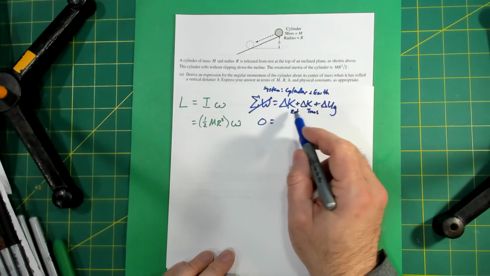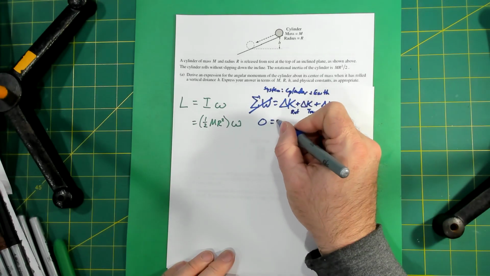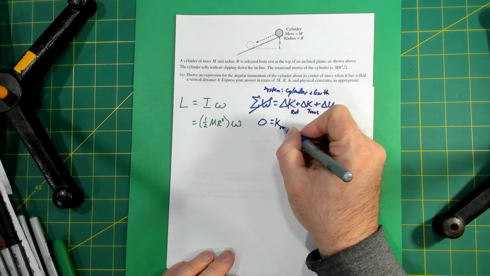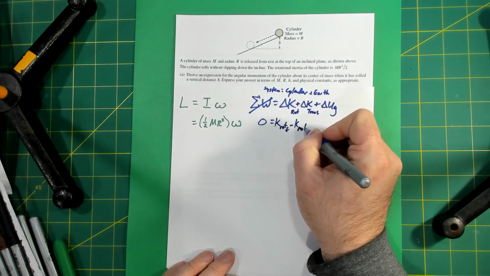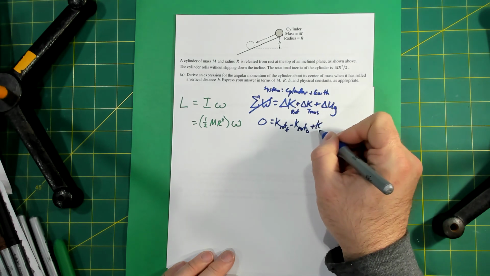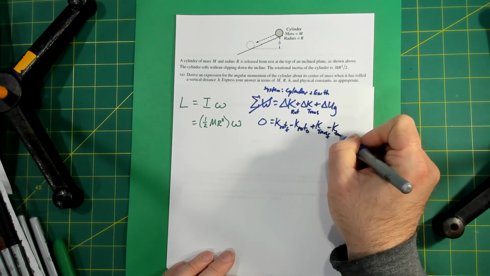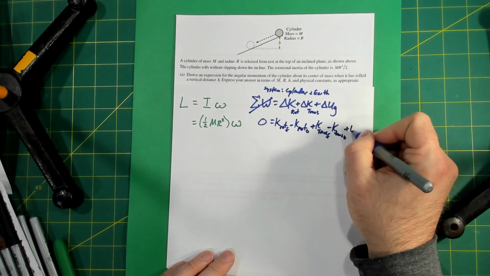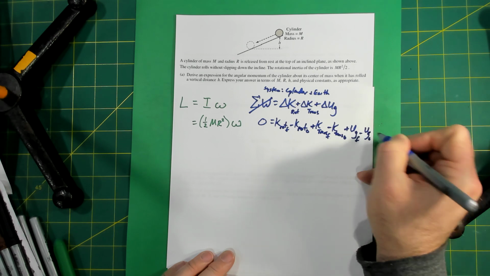Okay, let's expand out our deltas and see if any of the terms are going to drop out. So I'm going to have a K rotational final minus a K rotational initial plus a K translational final minus a K translational initial plus a UG final minus a UG initial.